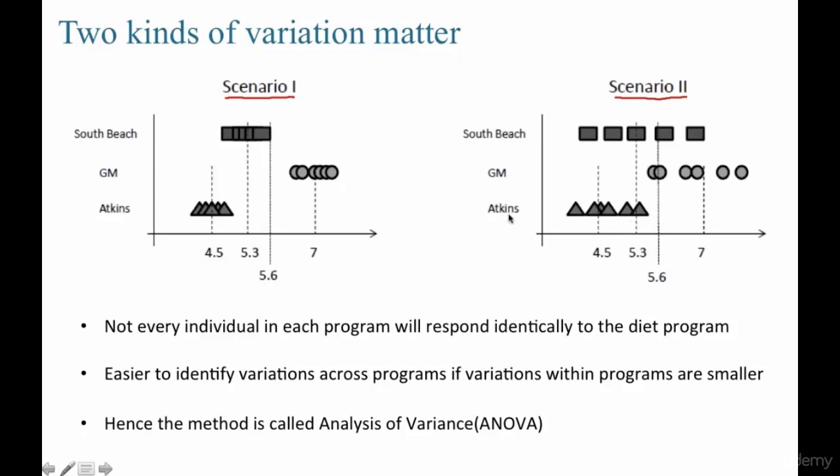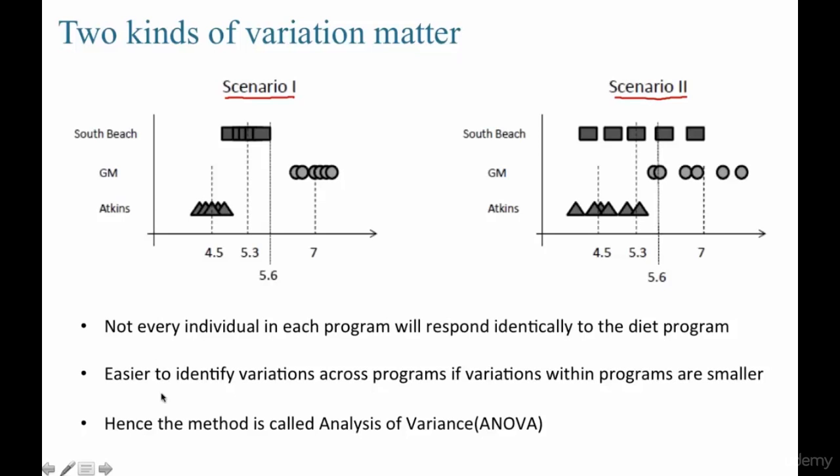A person who's assigned to Atkins diet program loses 5.3 kgs, and a person who is assigned to South Beach diet program also loses 5.3 kgs. So there is an overlap. We really don't know how much weight a person assigned to Atkins would lose or how much a person assigned to South Beach would lose, because there is significant overlap there.